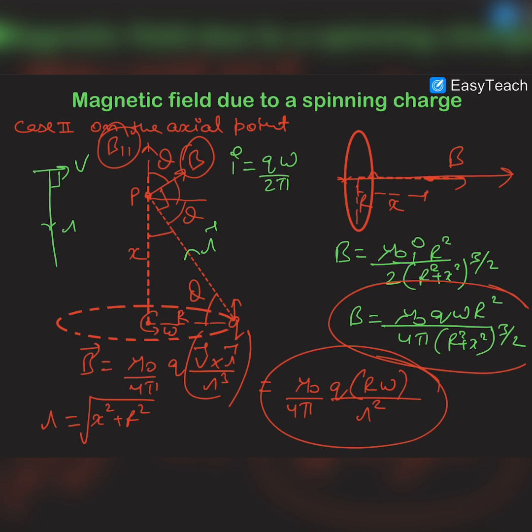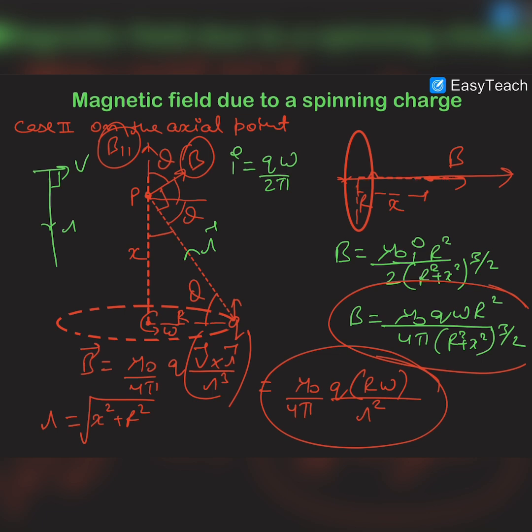But if you are using the analogy of current carrying loop to find out the magnetic field at the axial point, then you should always remember that the magnetic field which we are getting by this current carrying loop analogy on the axial point will be only the component of the net magnetic field along the axis. It would not be the net magnetic field. In fact, it would be only a component.